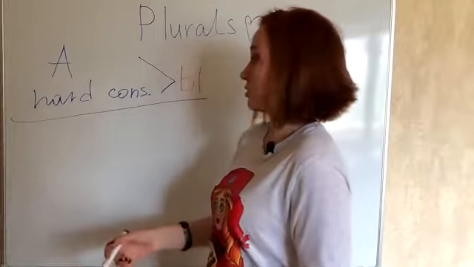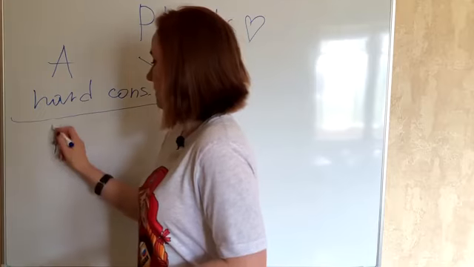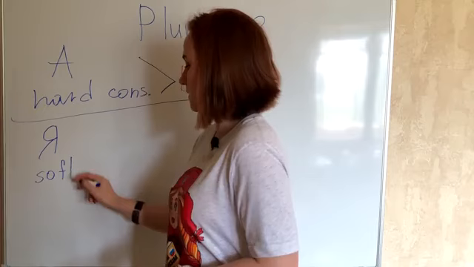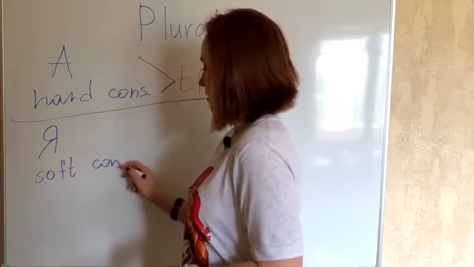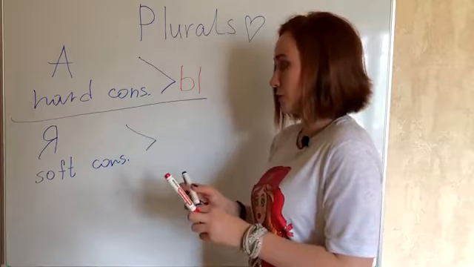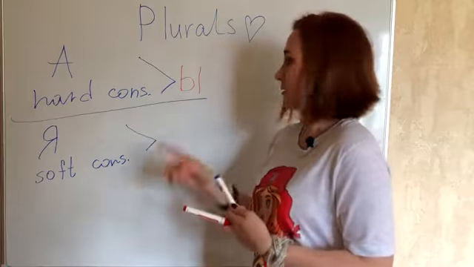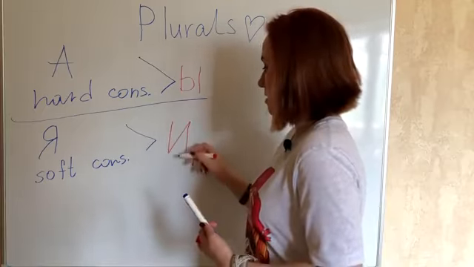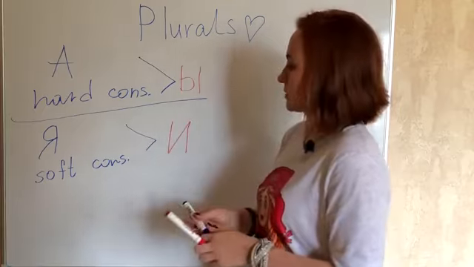The second situation, if a word ends with Я or a soft consonant, we change it to, guess what? И. И. Let's get to some examples.